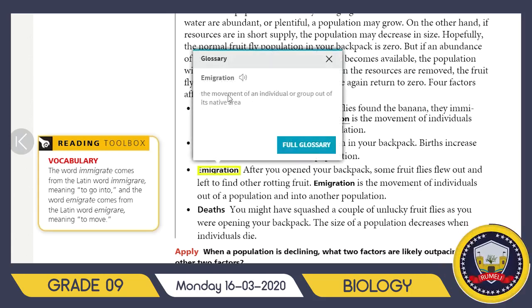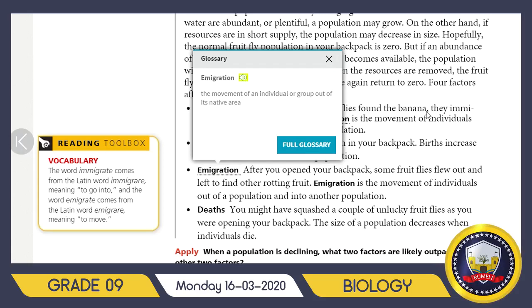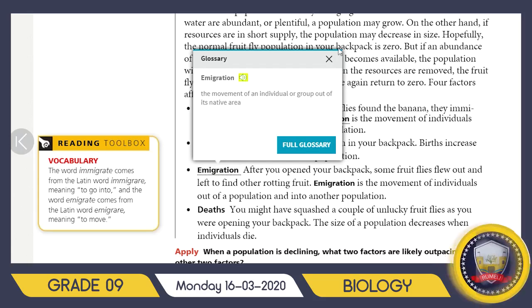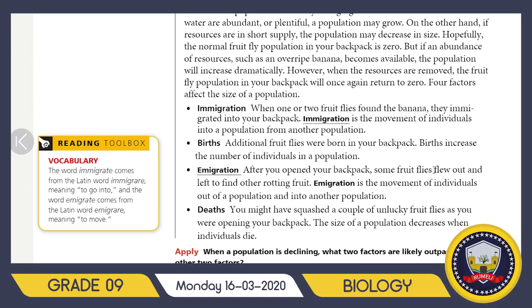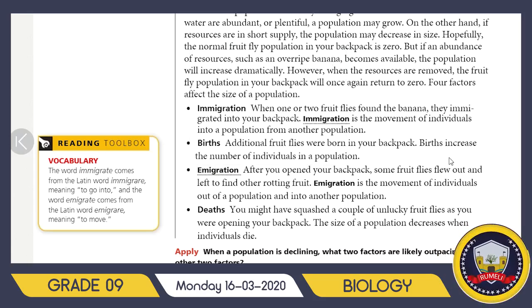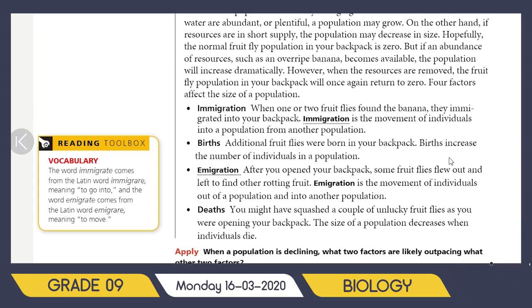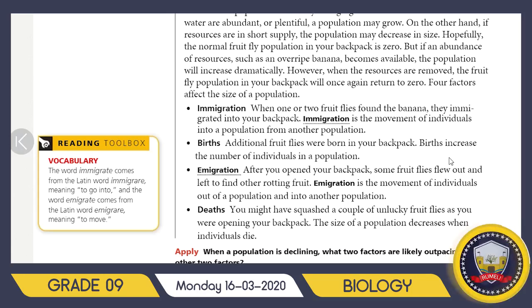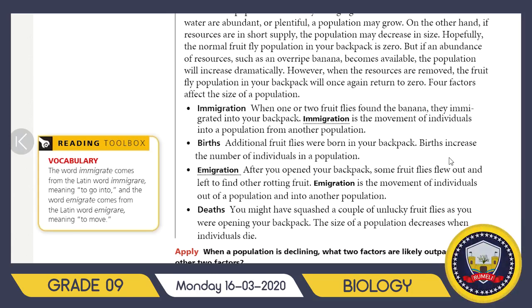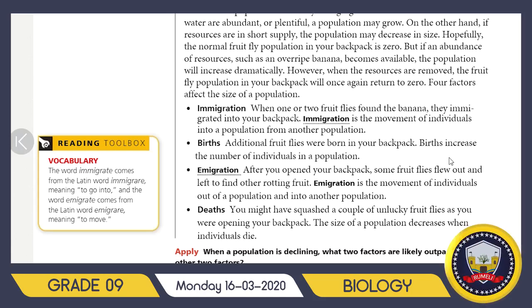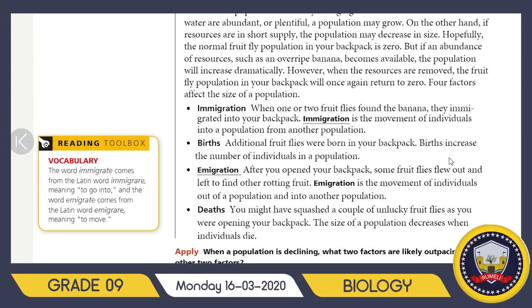So, let's hear it again. Emigration: the movement of an individual or group out of its native area. So the first one is the movement of individuals into a population. The second is the movement of individuals out of a population into another population. And this is also followed by deaths.